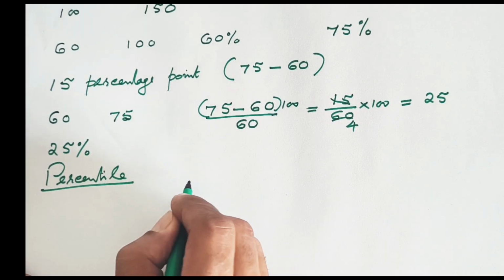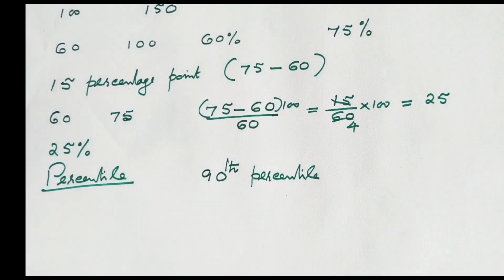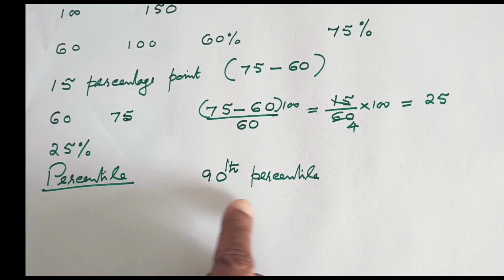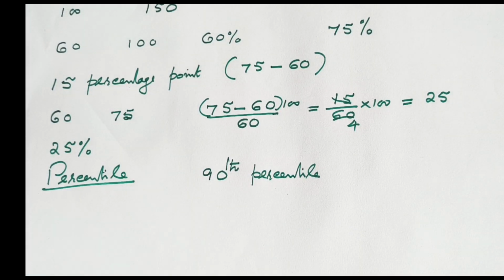Supposing I say a student has secured 90th percentile in any competitive examination, the meaning is there are 90% of the total test takers who have scored less than the score of the candidate who is said to have 90th percentile. And there are only 10% of the test takers who have done it better than him or who have scored higher than the score made by this particular candidate.